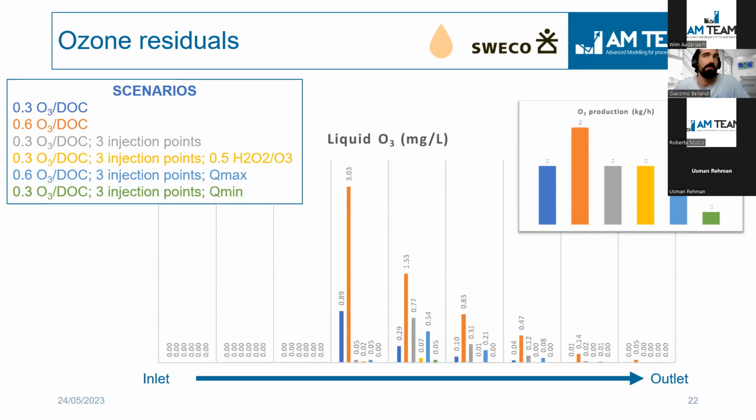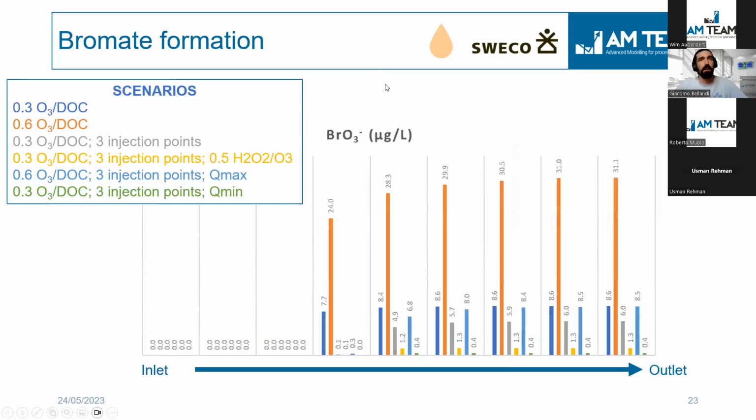Another interesting point of view, in doing an initial assessment, is to establish the size of the generator that we would need for such a control strategy. Beside this, we also look at what happens in terms of bromate and micropollutants removal.